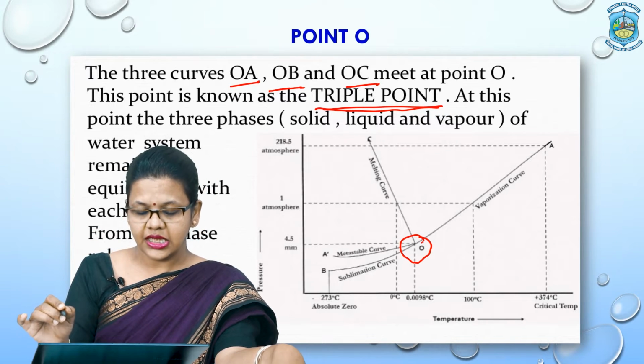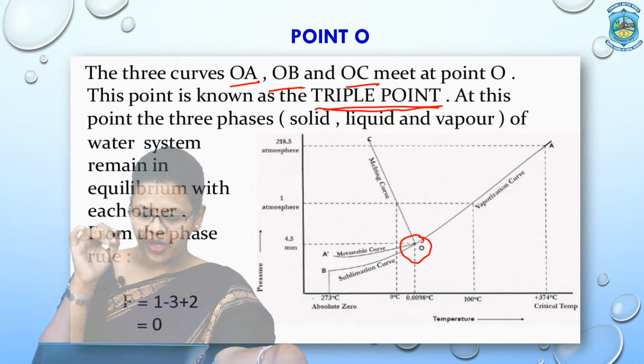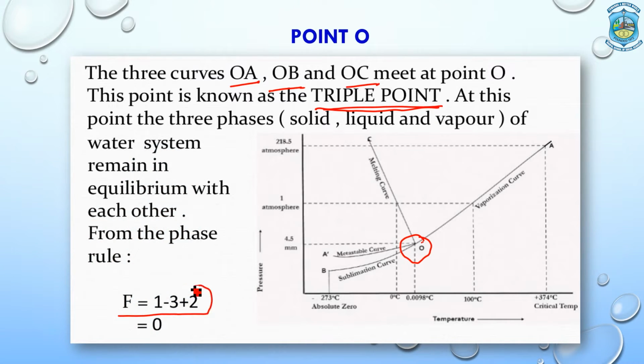If we calculate the degree of freedom for this point by applying the phase rule, F is equal to C minus P plus 2, taking C as 1 since it is a one component system, but P over here becomes 3, because it is the point where all the 3 lines are merging together, and this is the point where ice, water and vapor, that is solid, liquid and gaseous state, all can coexist.